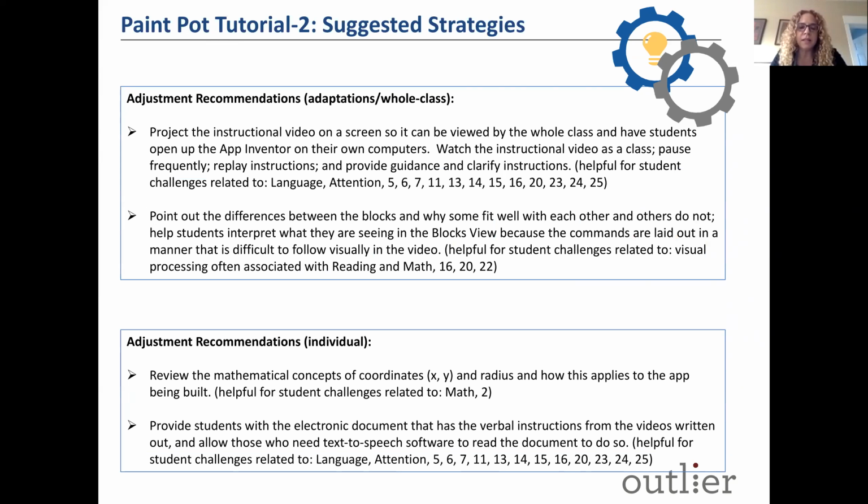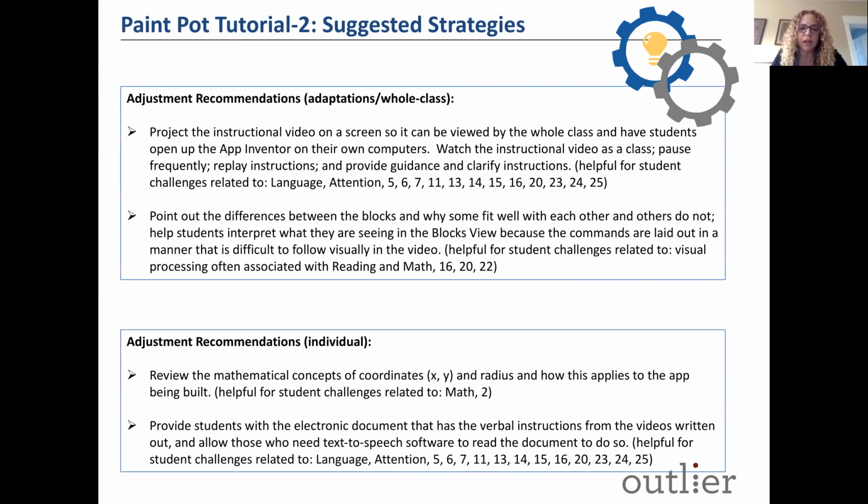But for some kids, they may not necessarily automatically pick up on that. So if you're feeling like it's pretty obvious that these two blocks go together, or this variable always pops in here, some kids may not see that. They might need to be pointed out, like this is oval over here, this is going to fit in this section. And that would be for the whole class.